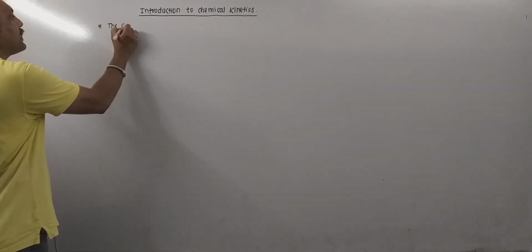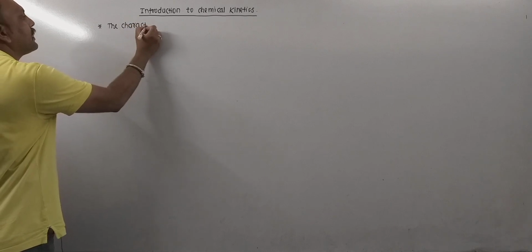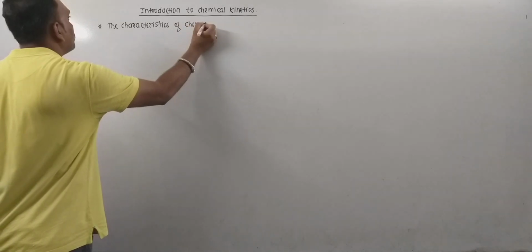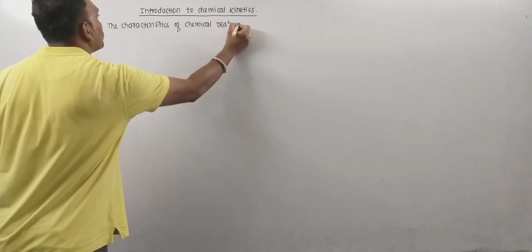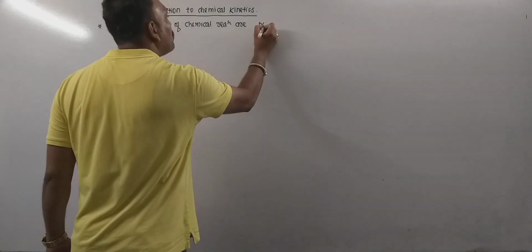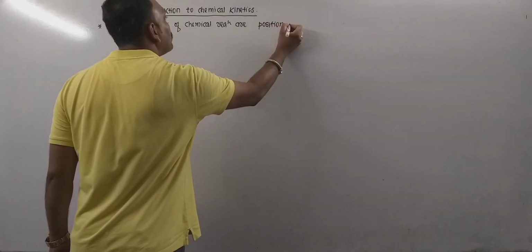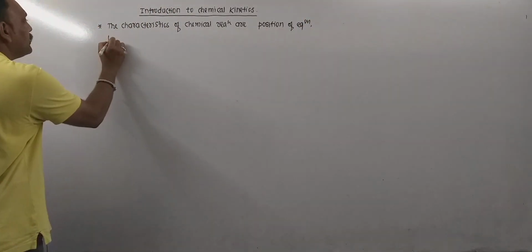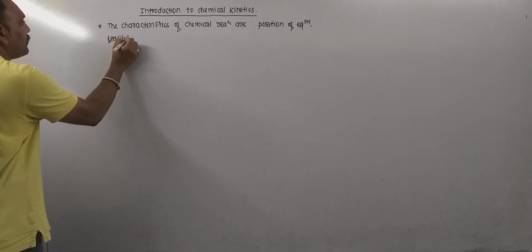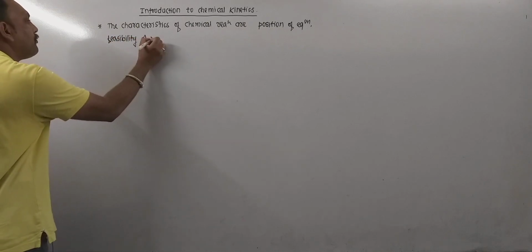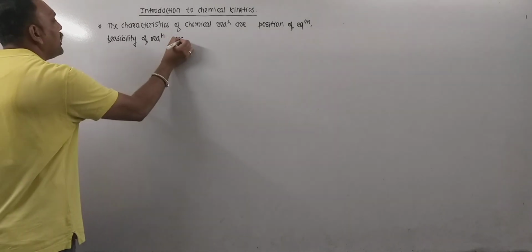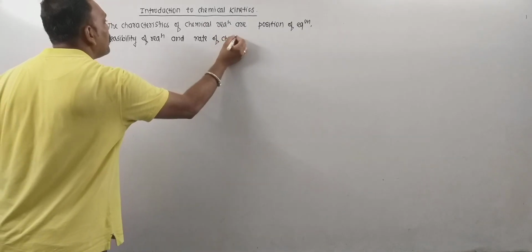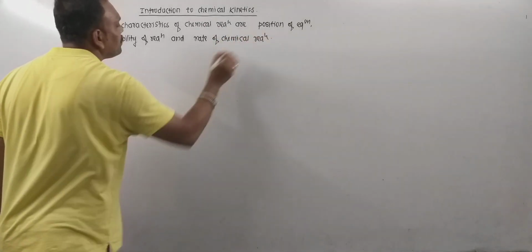So the characteristics of chemical reaction are position of equilibrium, then feasibility of reaction, and last one is the rate of chemical reaction.